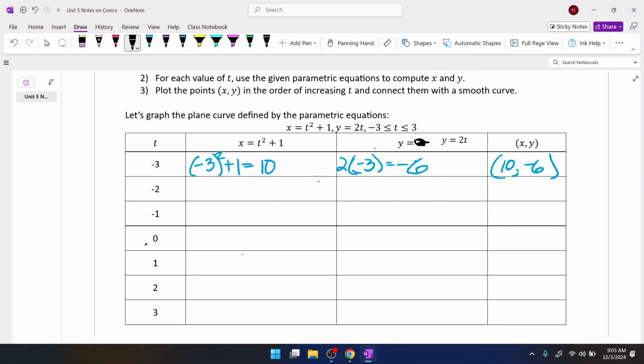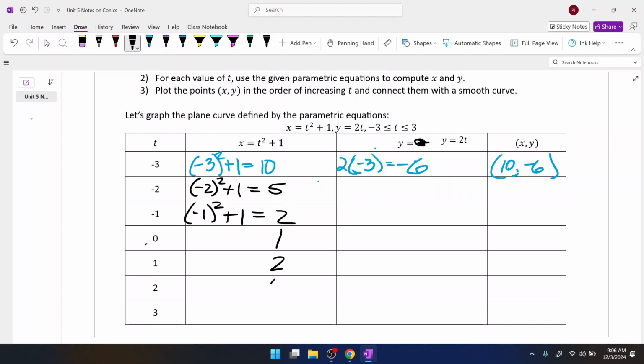All right, so we have x equal to t squared plus 1, and y will equal 2t. And t will go between -3 and +3. So if we do -2 squared plus 1, that's going to be 5. -1 squared plus 1 is 2. This will be a 1.